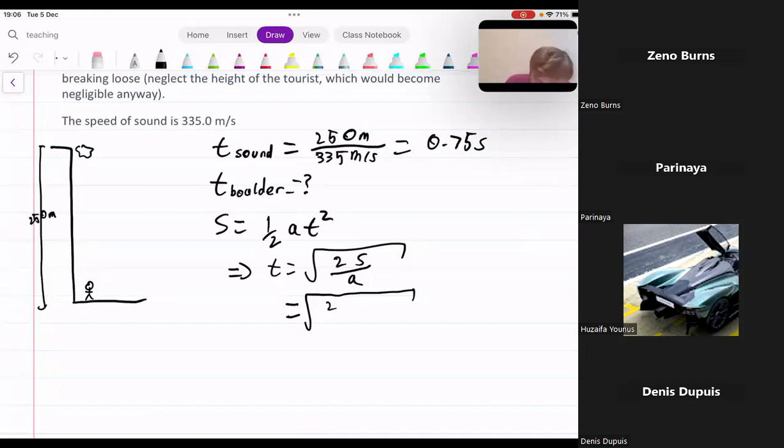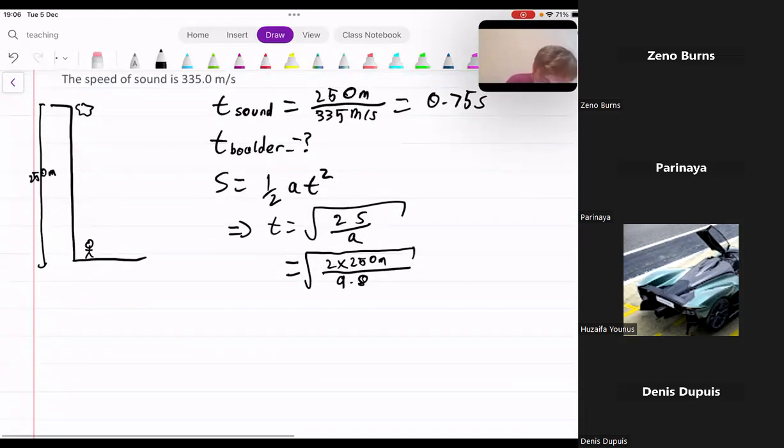So the time is 2 times the displacement, so the distance it has to travel is 250 meters, divided by the acceleration, which we said above was 9.81 meters per second squared. And if we put all of that into our calculator, we should get 7.1 seconds. This is how long it takes the boulder to fall.